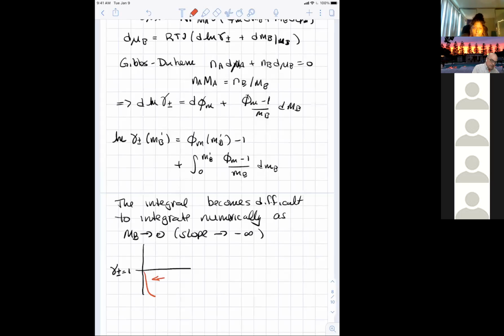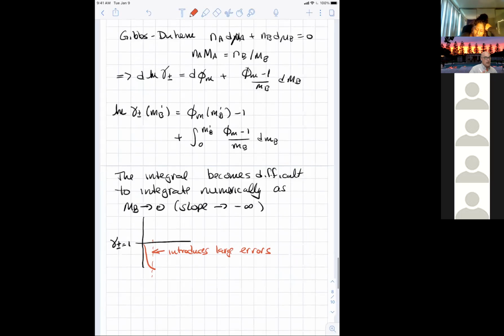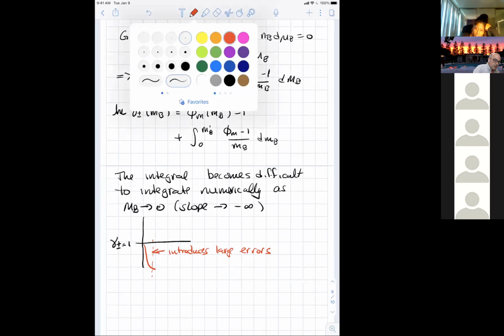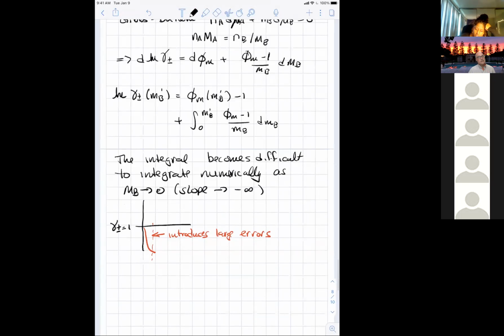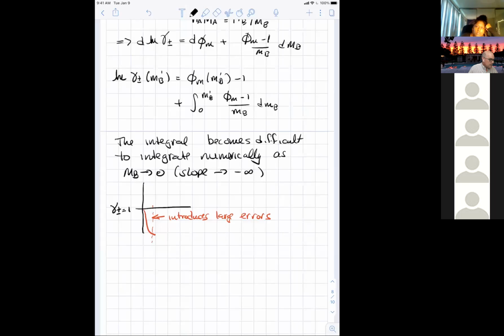So this introduces large errors in this region, right? Because the slope is so sharp that if you're off a little bit, you're making a big error, and it's compounded by the logarithm. So this is a problem that a mathematician would say, oh, this is really a problem, you shouldn't do this. But a chemist is going to say, well, I'm going to get around this. So the solution is to split the integral.